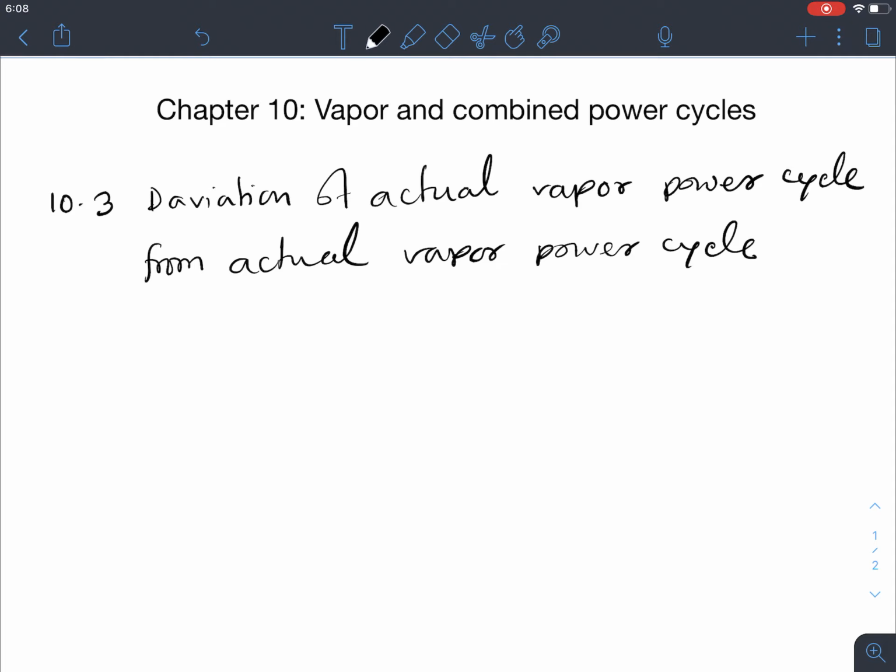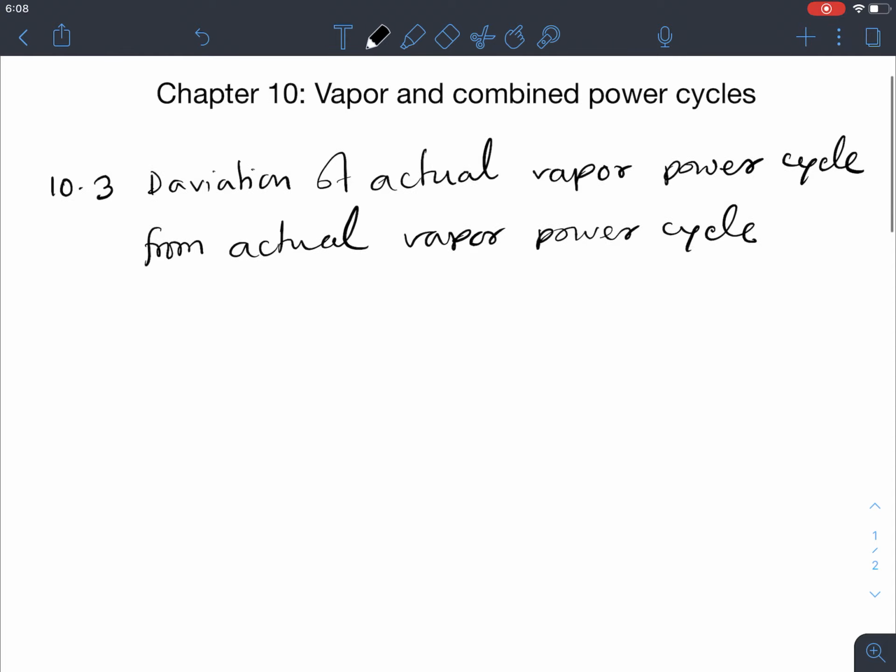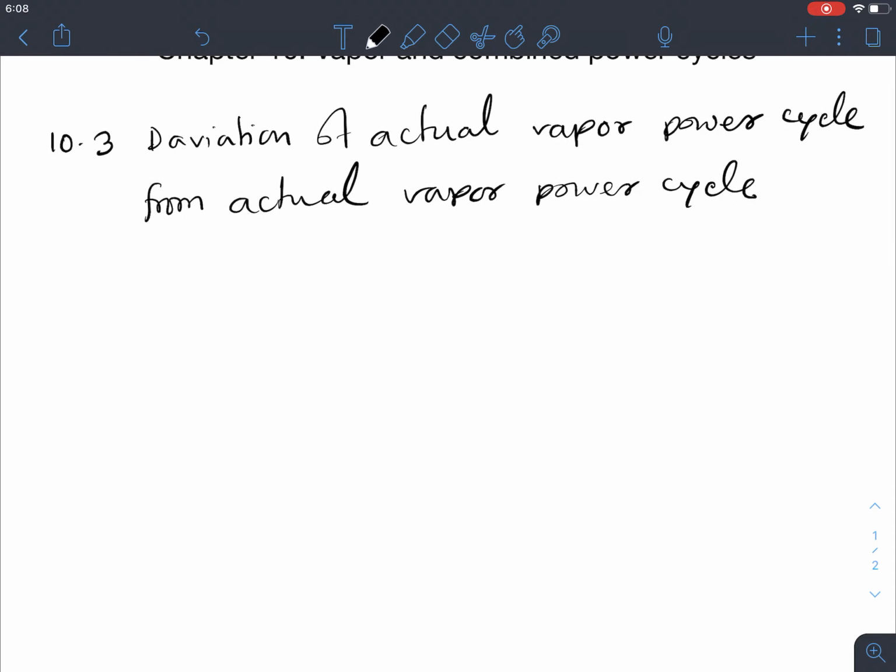In the previous class we talked about the ideal vapor power cycle. We saw the efficiency equation, and we did the power analysis for the Rankine cycle, which is an ideal cycle.